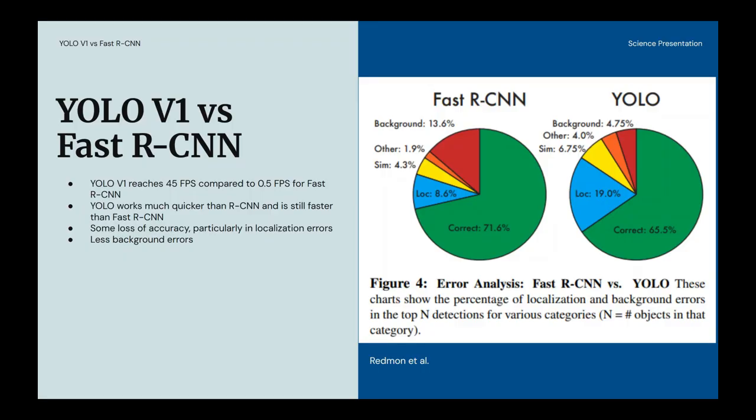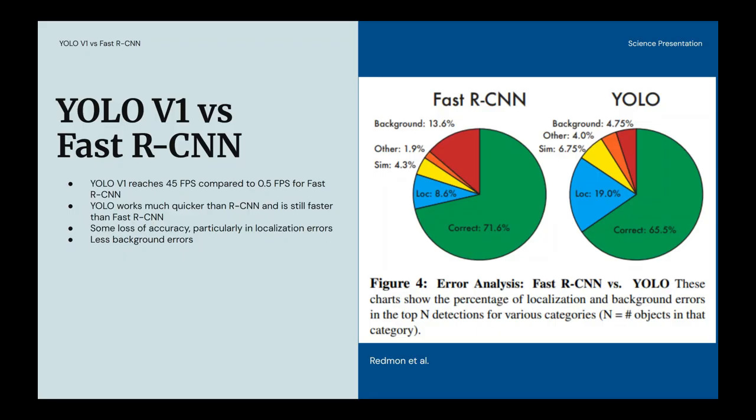Notice that the YOLO model had an only slightly lower correct detection rate of 65.5% compared to the 71.6% for Fast RCNN, which is not a particularly lousy performance in comparison.